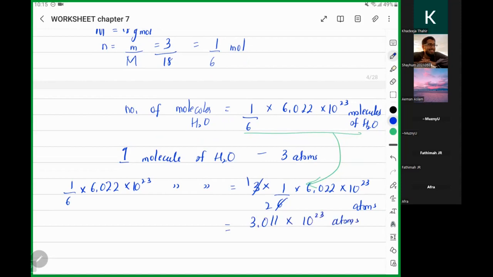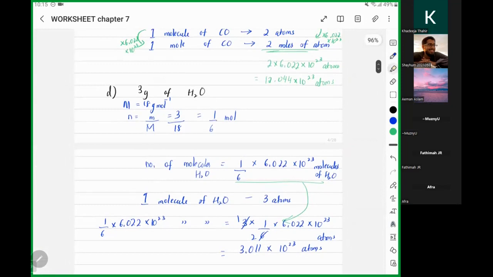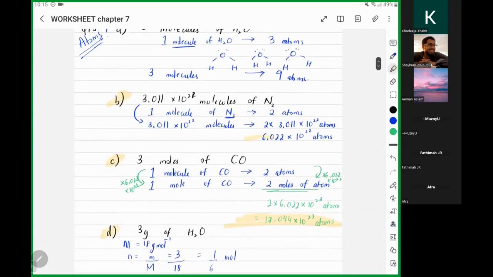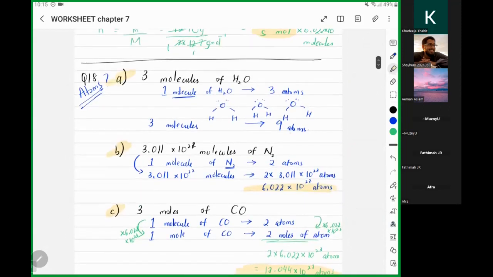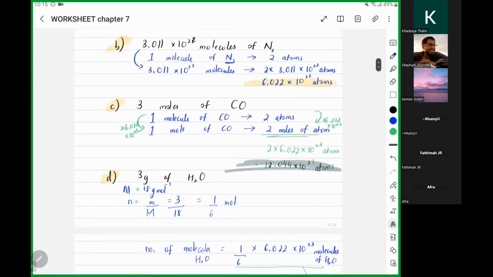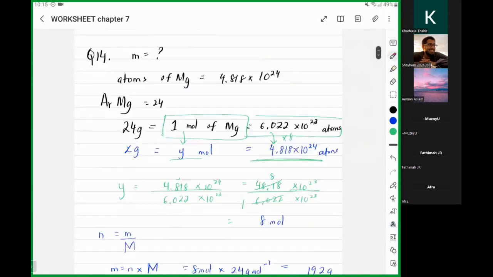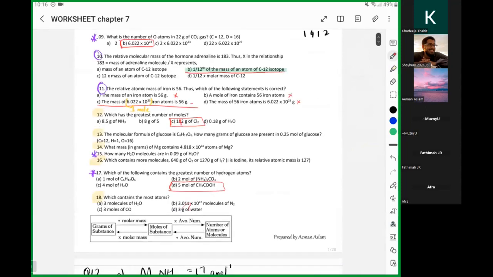Now compare and tell me, where do you have the largest number of atoms? This is D, this is C, this is B, this is A. C, no? The answer is letter C. Okay, so your answer is C.